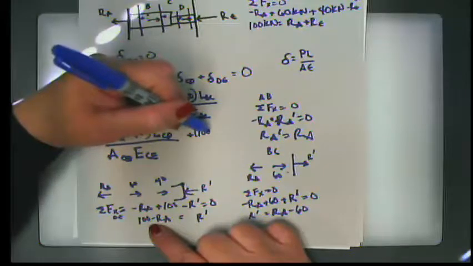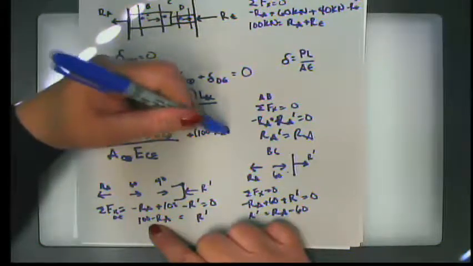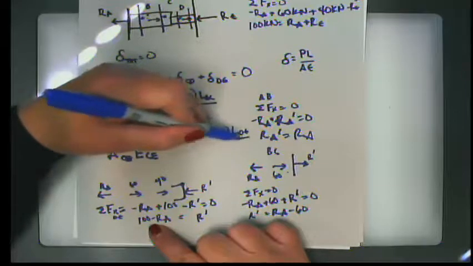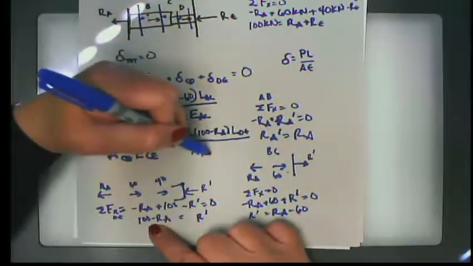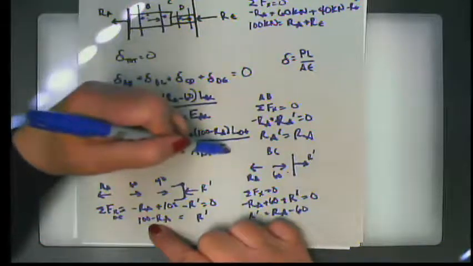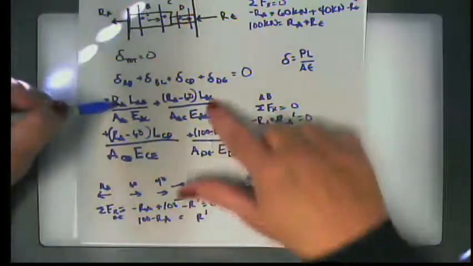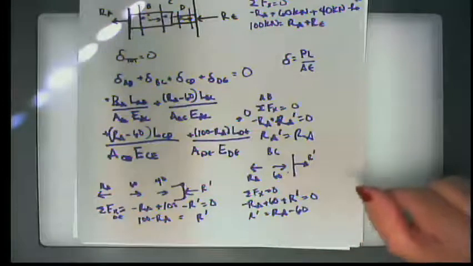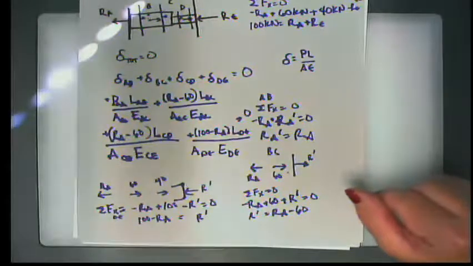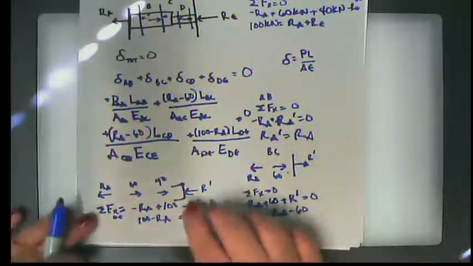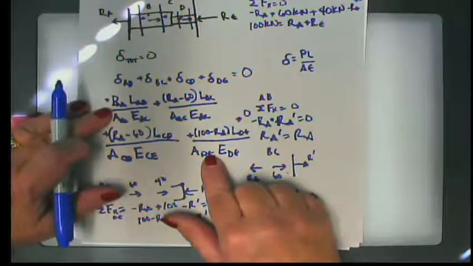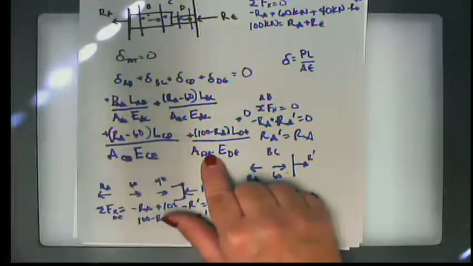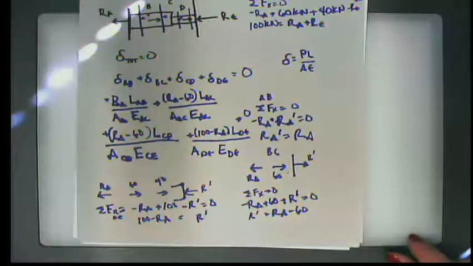And that's what goes in my last chunk of the equation. So this is 100 minus R sub A times the length from D to E over the area from D to E times the modulus of elasticity in DE. And all four of these terms add up to be 0 because the actual total deflection of that bar is equal to 0. All right, now the good news about this equation, we only have a single unknown, which is R sub A. If it were different than that, we wouldn't be able to solve this problem.